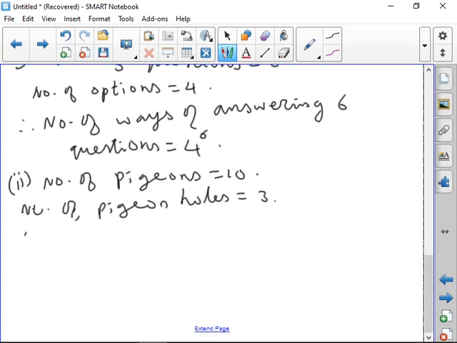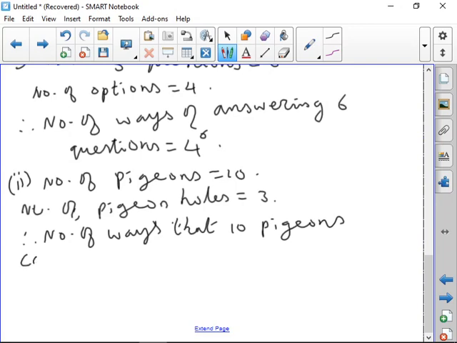So therefore number of ways that 10 pigeons can be placed in 3 holes is equal to 3 power 10.